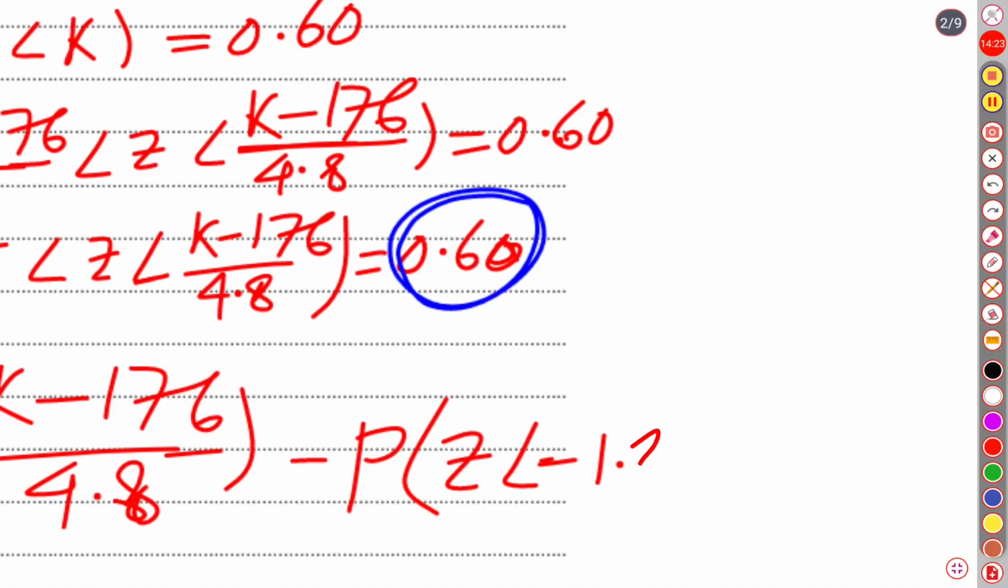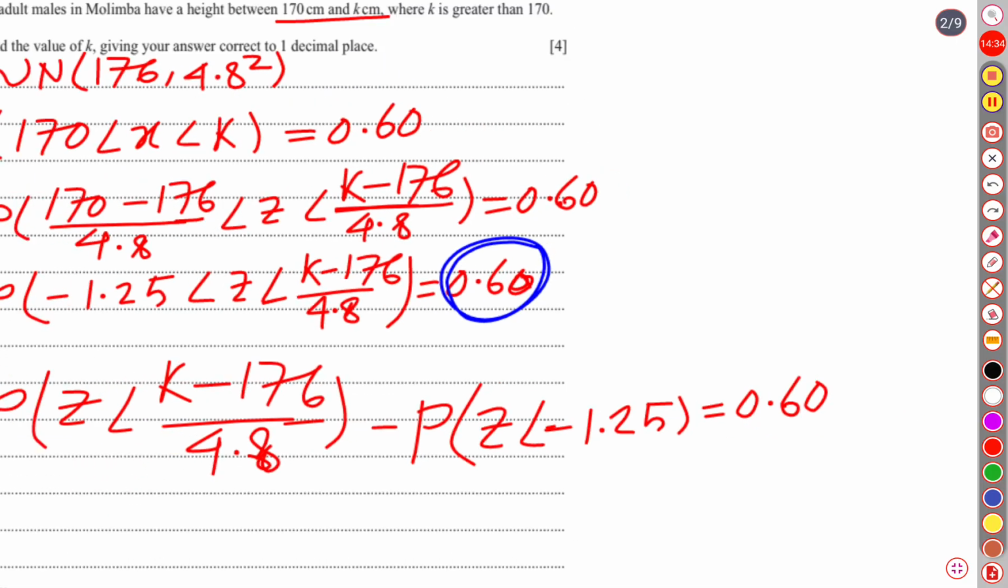And our total probability is 0.60. I think you have understood this step.